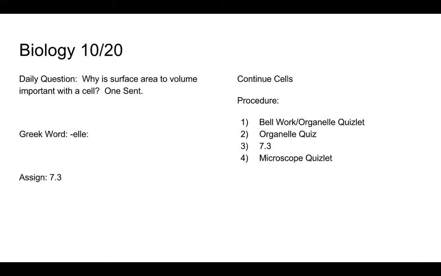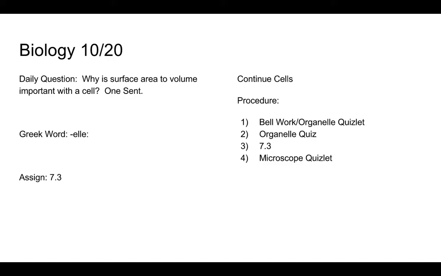All right, say now what the Greek word is. Like organelle. Parts of the organ. Parts of the cell. Alex, what did you say? Parts of the organ, organelle, whatever. What kind of parts?